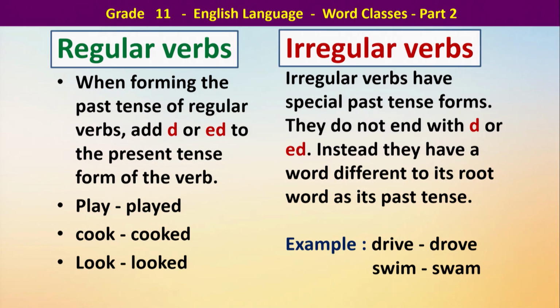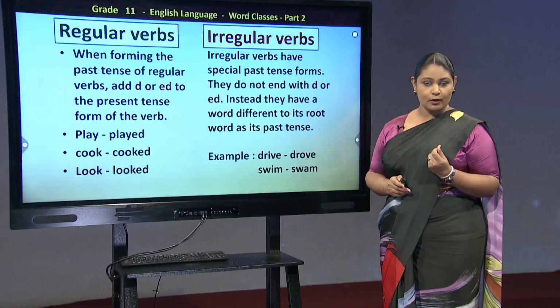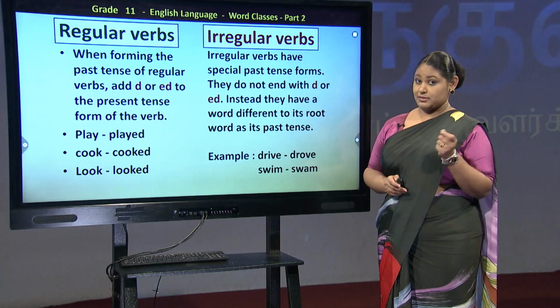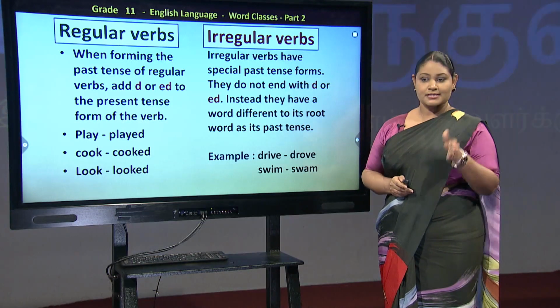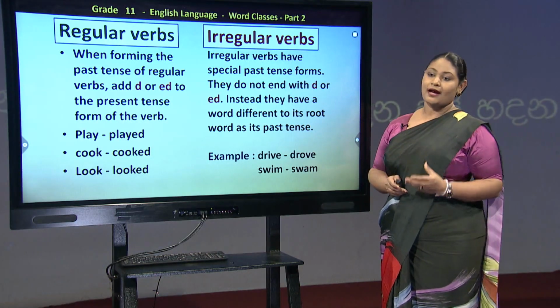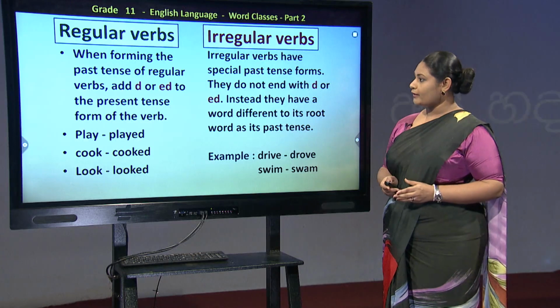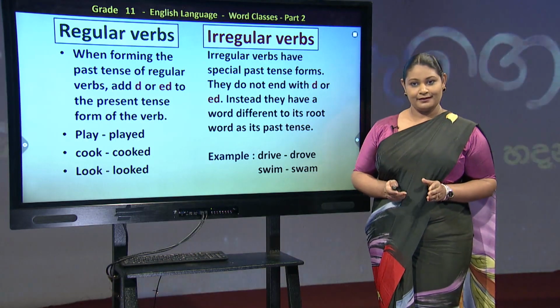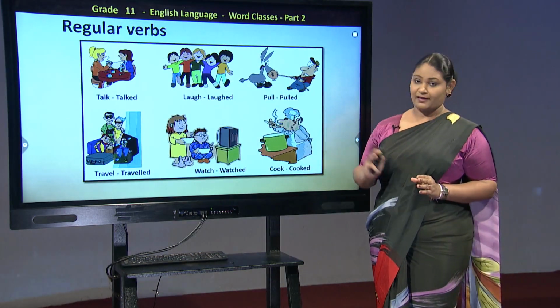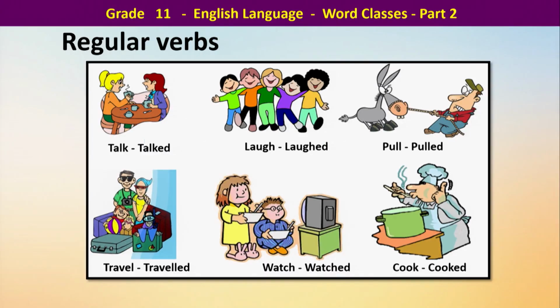How do you make that into past tense? Swam. So it's a different word. You have not added ed or d. Swim, you don't say swimmed, right? That is wrong. Swim, swam. So those are irregular verbs. All right, children, hope this is clear. Now you have regular verbs here, and we have given you pictures as well for your better understanding.